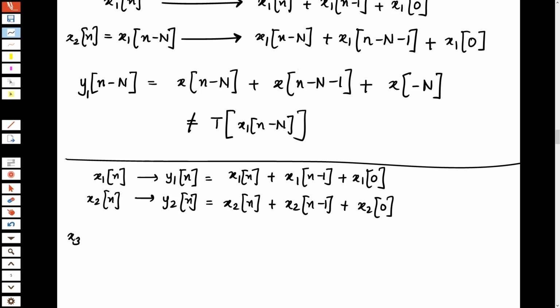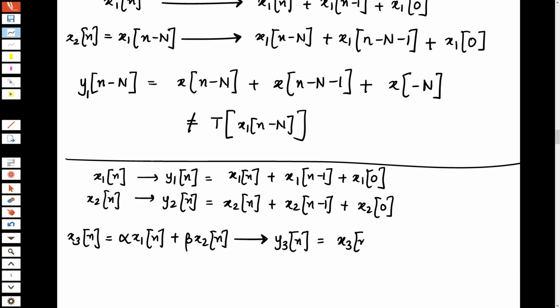Now let me define a new input x3[n], which is alpha times x1[n] plus beta times x2[n]. Let this give an output y3[n], and what would y3[n] be? y3[n] would be x3[n] + x3[n-1] + x3[0], which is, let me write it here, y3[n] would be what?